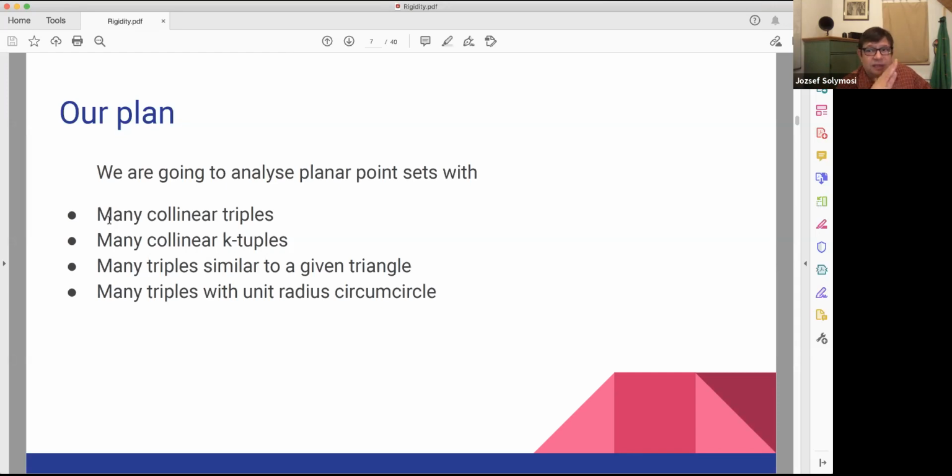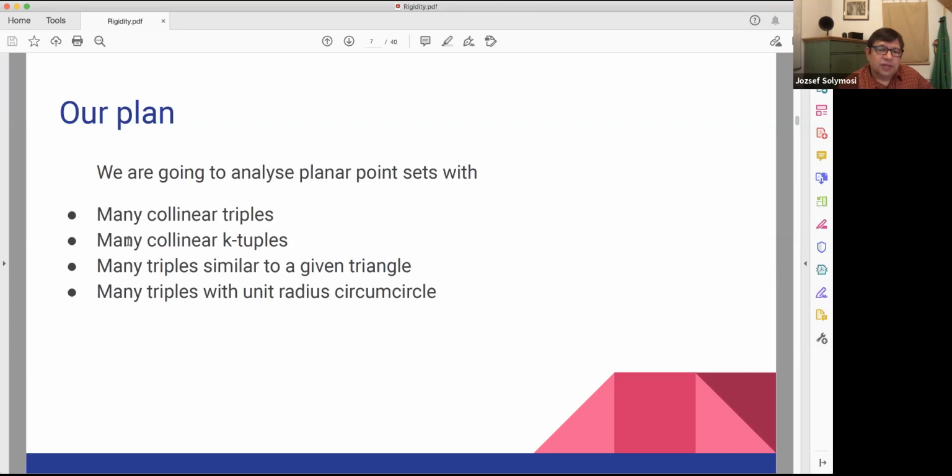But that's a very extreme example, when almost all the lines defined by the point set contain at least 3 points, right? So only a linear number out of the n choose 2 possible lines.